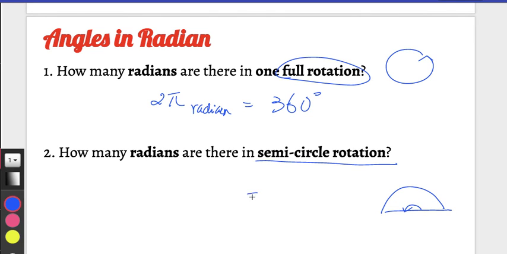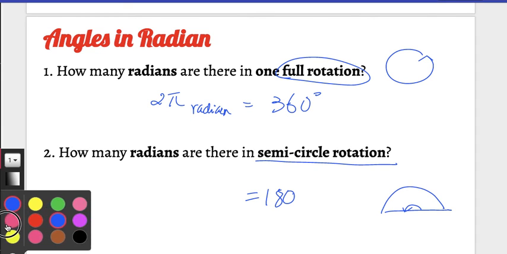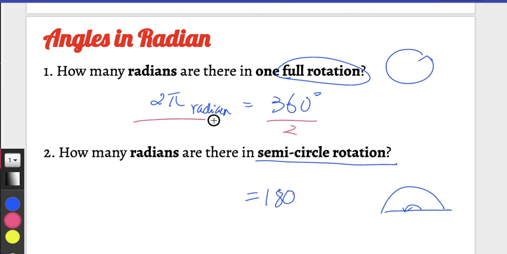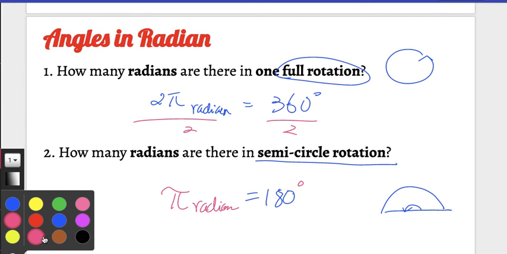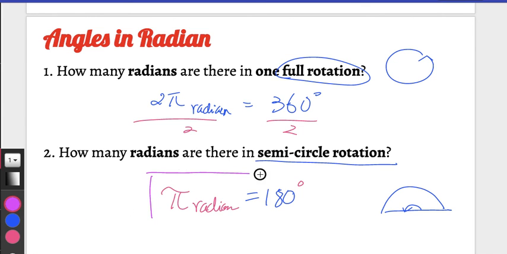How many degrees is half of the circle, which is 180? It looks like we divided by 2 on both sides. So that means 180 degrees is the same as pi radian. Please make sure you keep this relation in mind, because this is the one we are going to keep using to convert between degree and radian. And these practices will be shown in the next video.